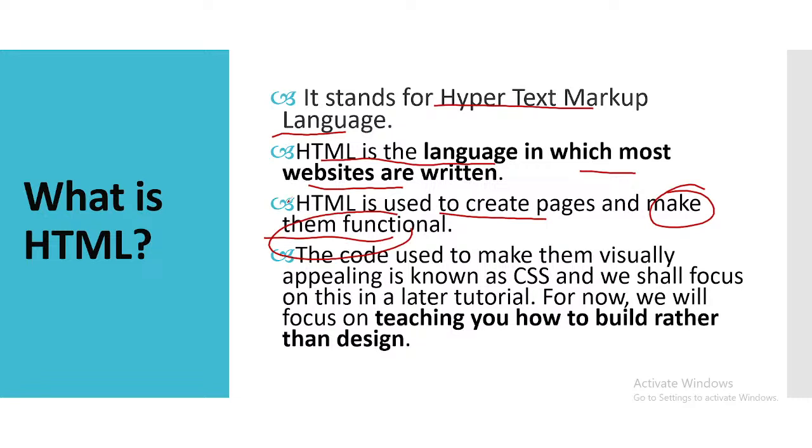So here HTML is used to create only the main framework. Later the animations are going to be added by using languages such as CSS and JavaScript. The code used to make them visually appealing is known as CSS, the cascading style sheets.